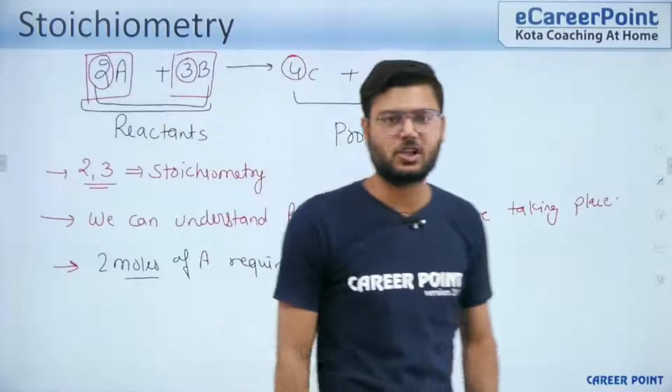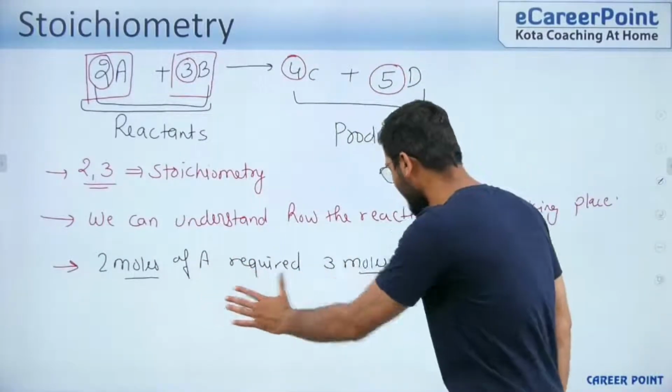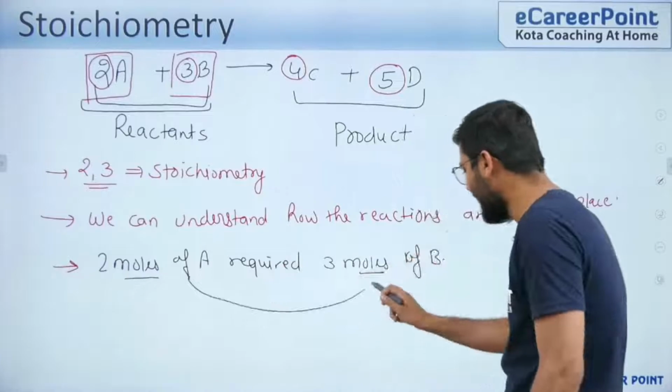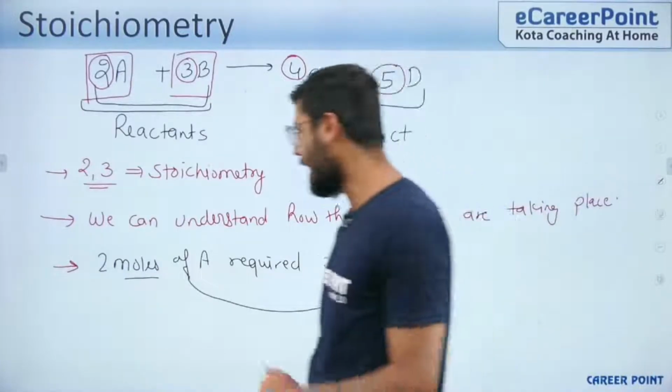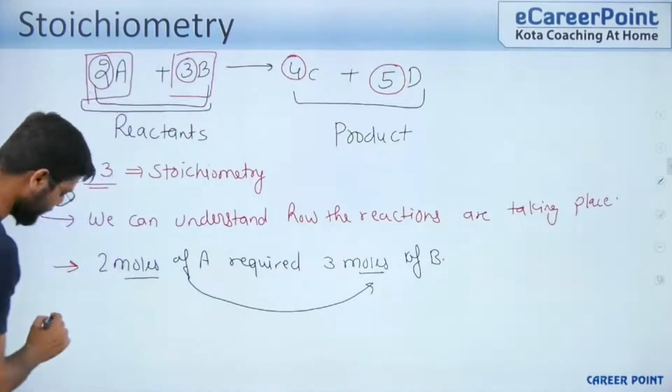So for the completion of this reaction we require 2 moles of A to react with 3 moles of B. Now what other information can I have?